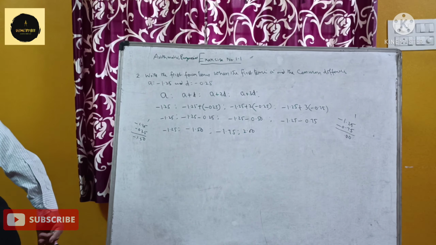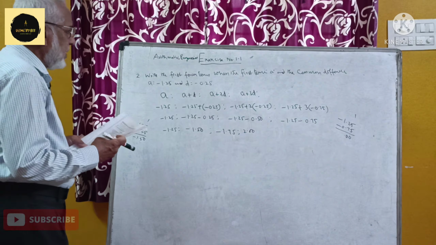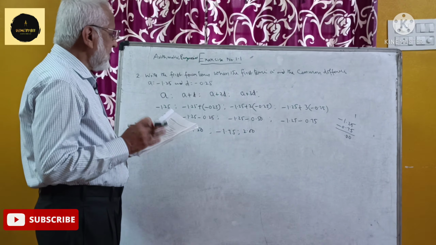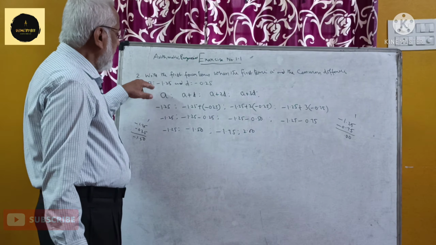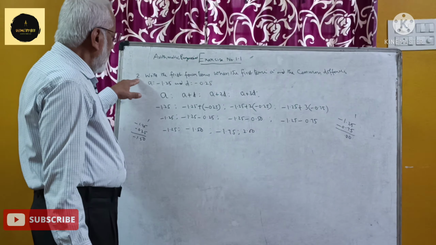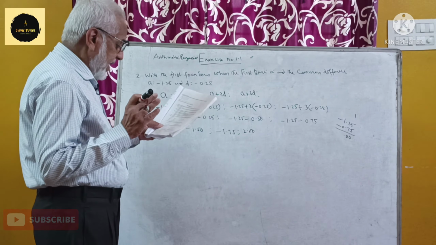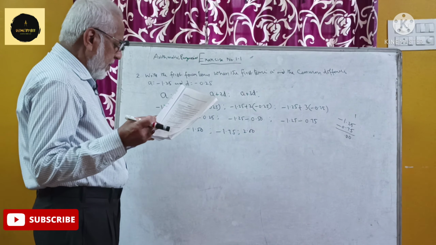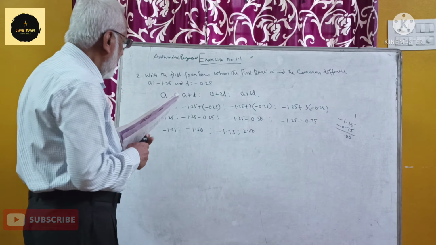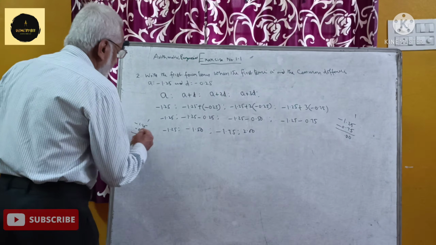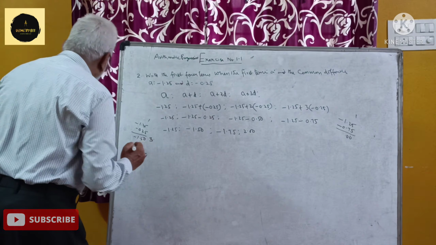Then again, these are examples of arithmetic progression. This is from exercise 1.2, second question, and then another from exercise 1.1, third question. What is there in the third question?